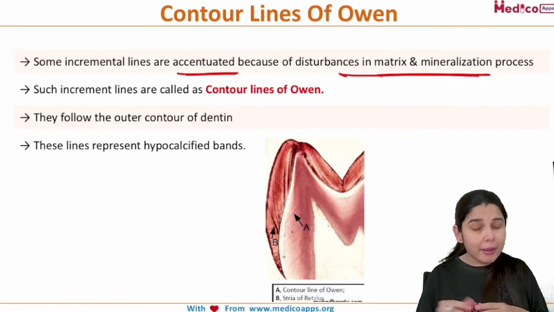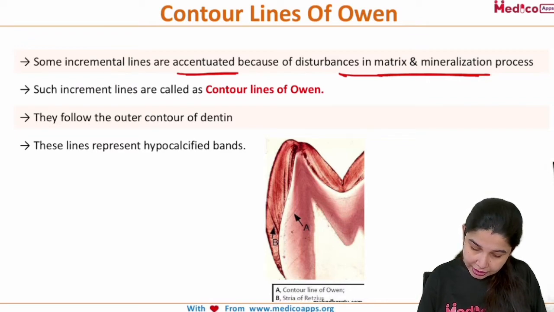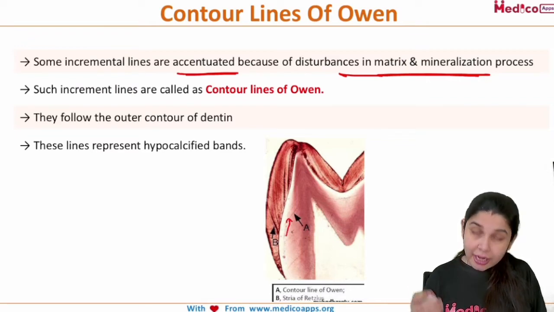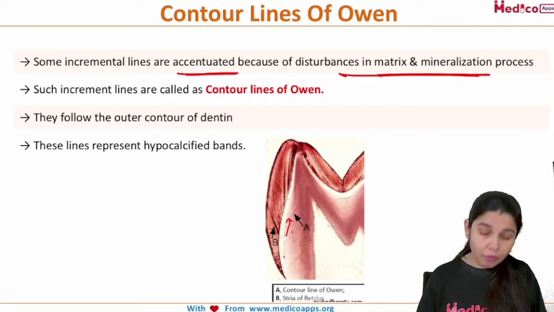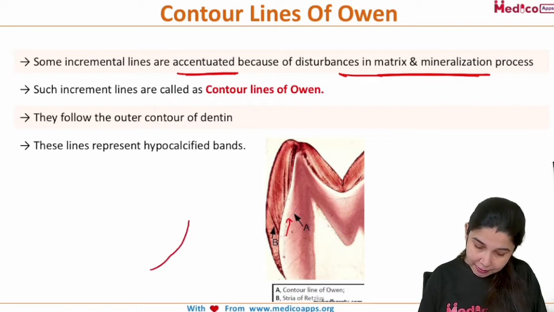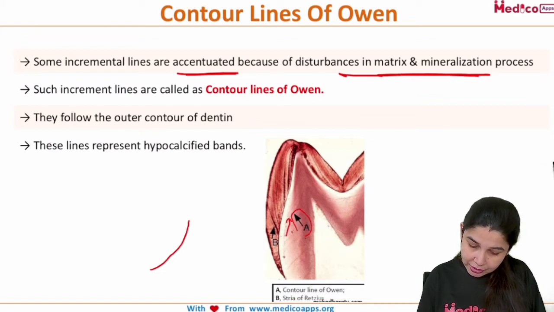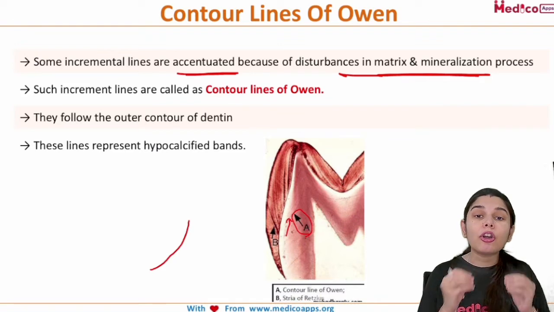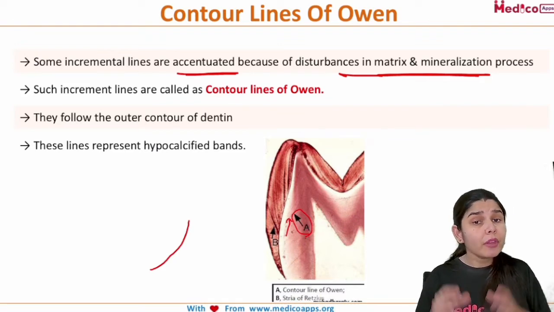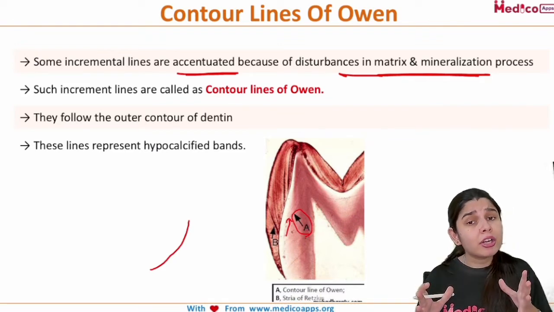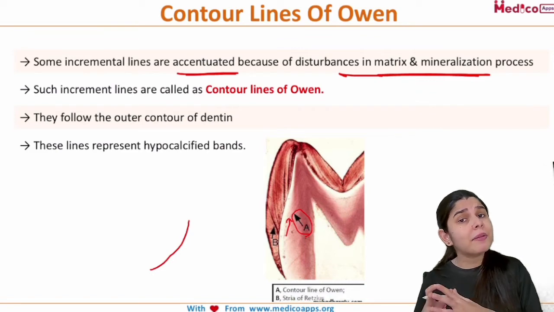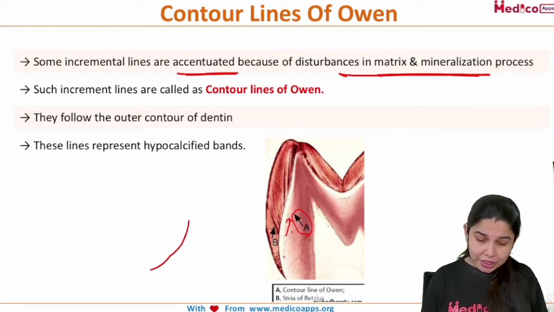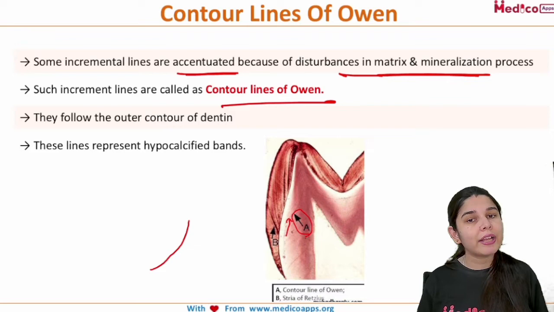Now, how do they appear? They appear like this. These are the incremental lines or the contour lines of Owen. As you can see in this image, the point A which I have specified here shows the contour lines of Owen. These are the result of disturbance in the matrix and mineralization process, and such incremental lines are known as contour lines of Owen.